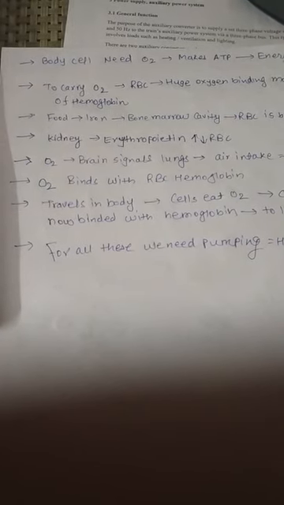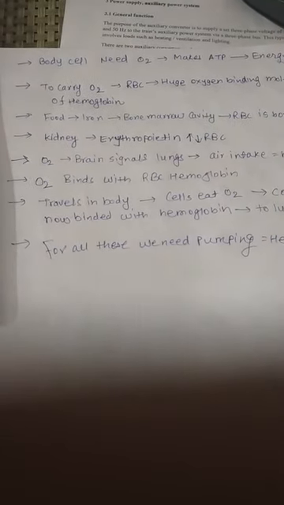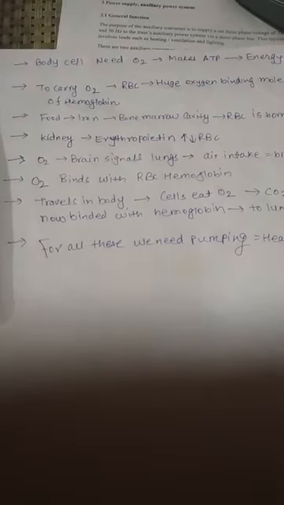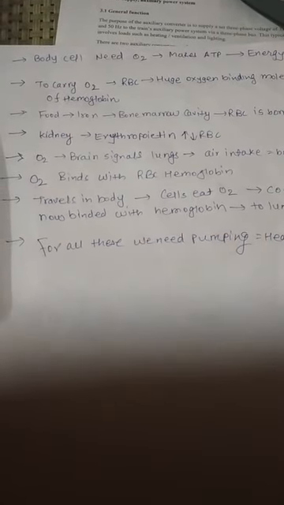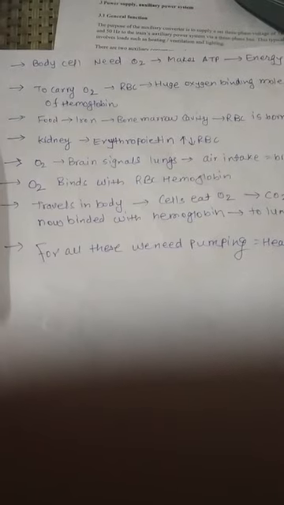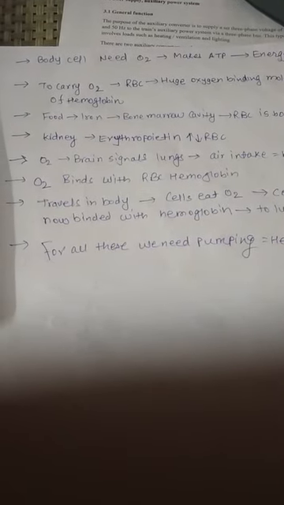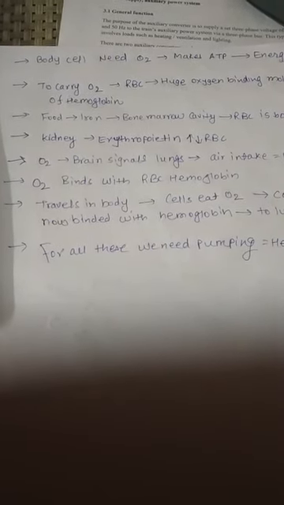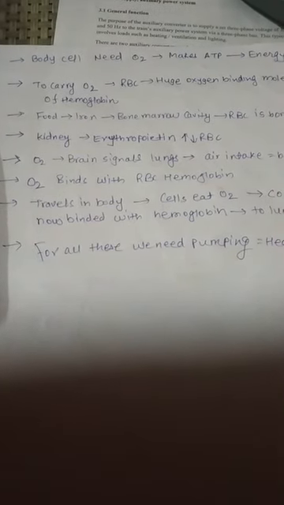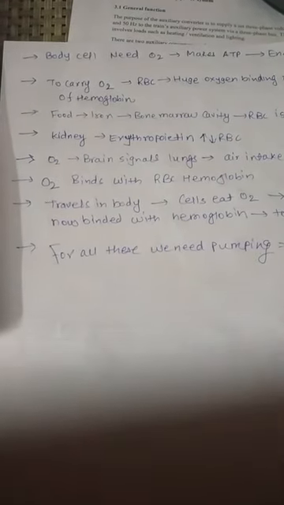The iron content of our food goes to our bone marrow cavities, and that's where the RBC is born, which is the bus for the oxygen. At the same time, one beauty of the kidney is the erythropoietin hormone, which increases or decreases the production rate of RBC, regulated by the kidney.